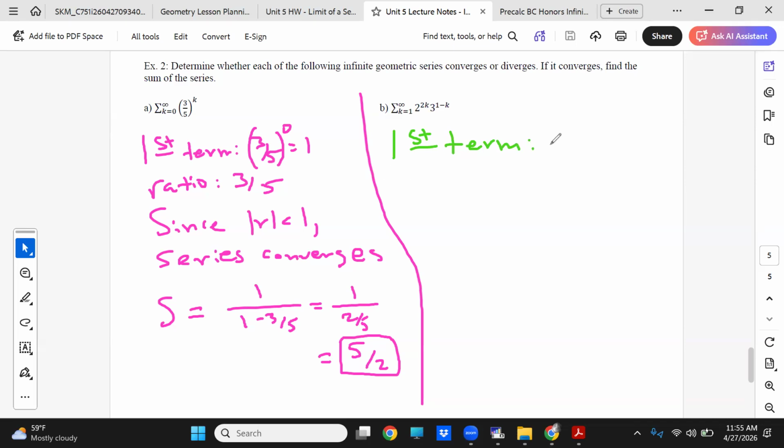What will your first term be for this one here? Four, right? Okay, good. Now, if I rewrite this, you can think of it like this: 2 to the k squared. Actually, does that make sense? Hold on.